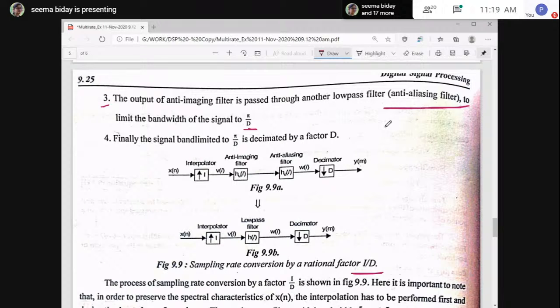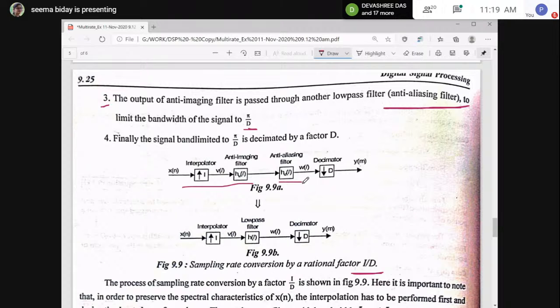Whenever you are using a decimator, practically it should always be associated with an anti-aliasing filter, right? This should be connected prior to the decimator, and it is connected after the interpolator.